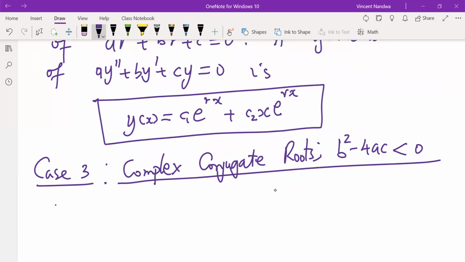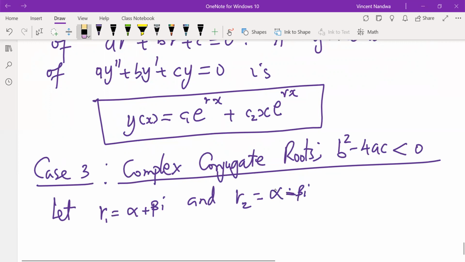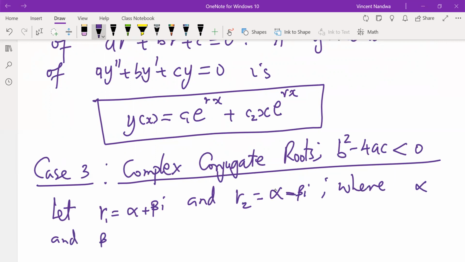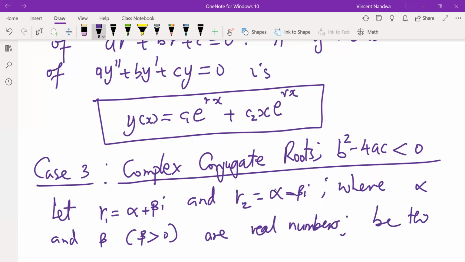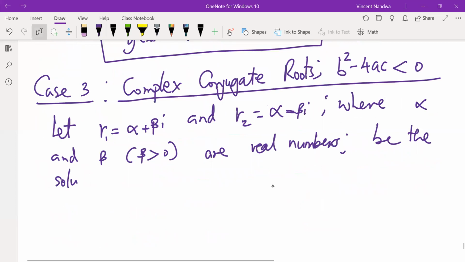So let r1 be alpha plus beta i and r2 be alpha minus beta i, where alpha and beta, with beta not 0, are real numbers, be the solution of the characteristic equation a r squared plus br plus c equals 0.